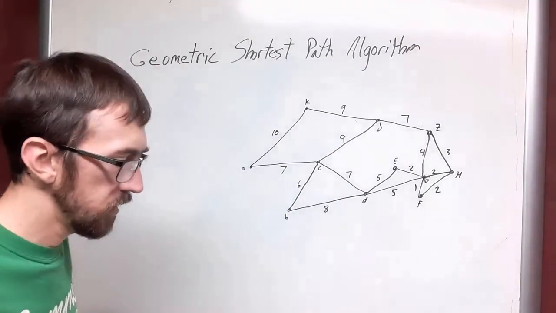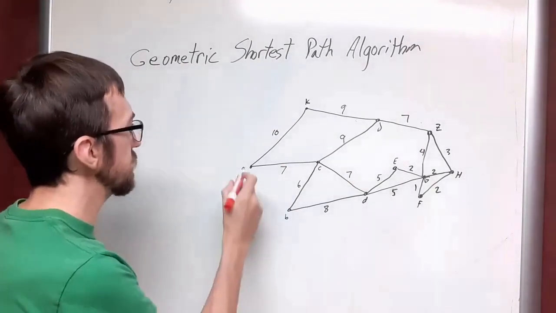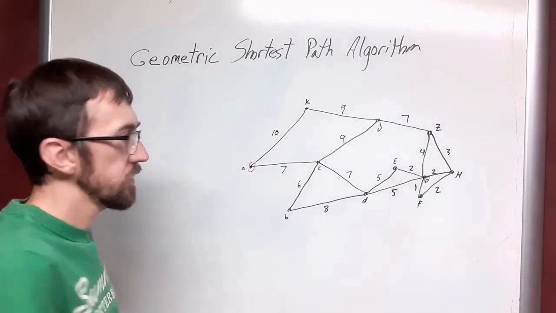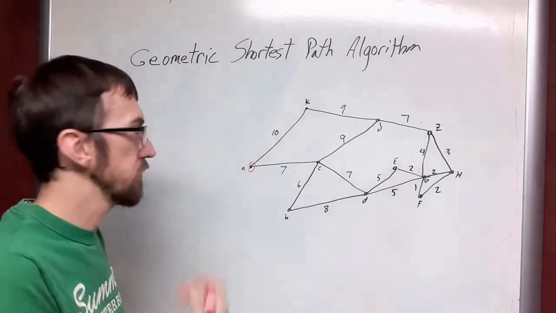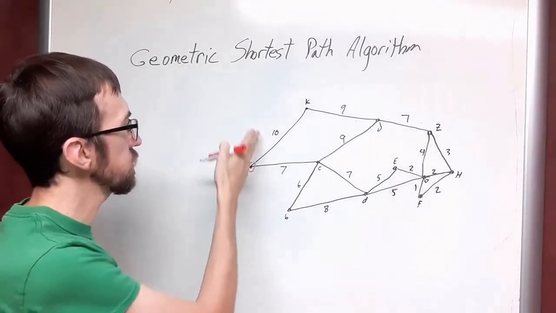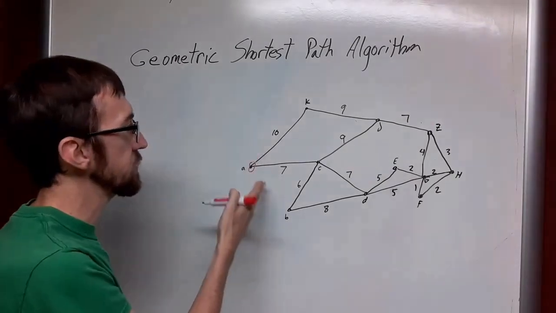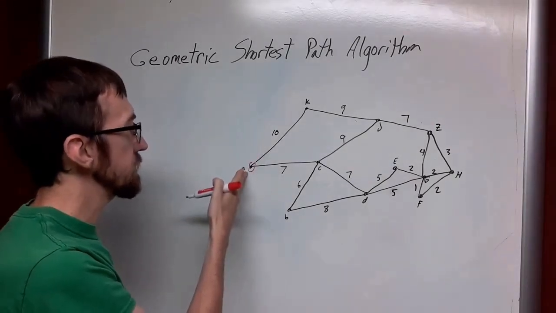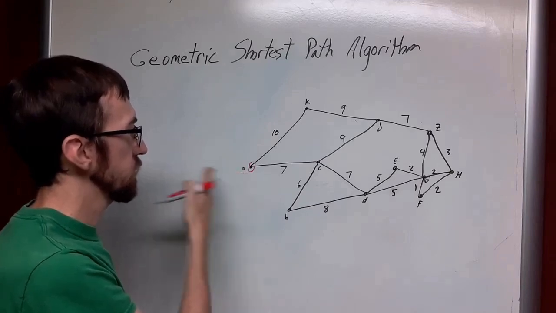So the first part of step one of the algorithm is we're going to circle the point that we are at. We're going to circle that vertex. And then from the circled vertex, we're going to look at the weights of the edges that are incident to this vertex.